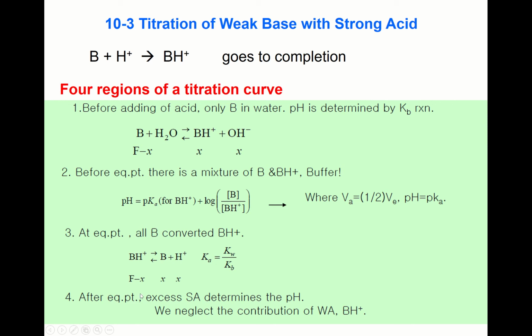Then we write this equation and solve for proton concentration. The fourth region is after the equivalence point, where in solution we have excess proton concentration, so we only calculate this proton concentration. That's it.